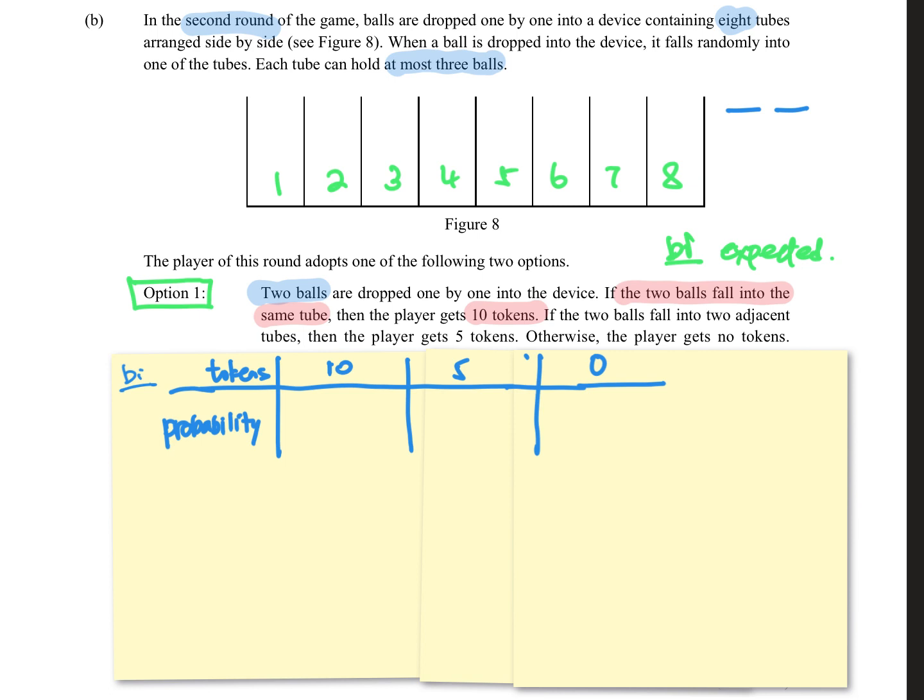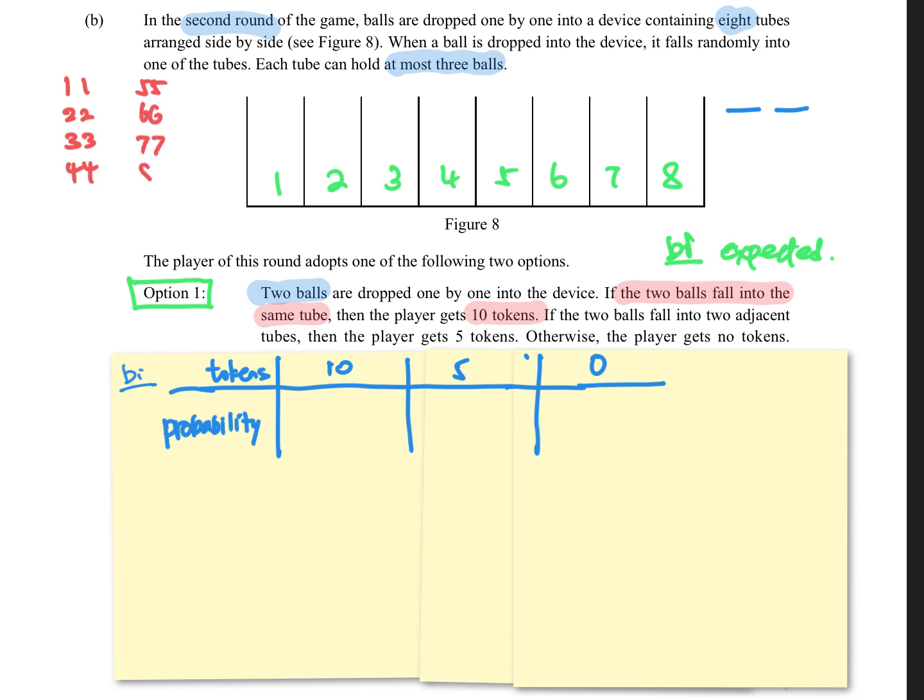So here, the 2 digits, the denominator. The 2 digits can be repeated, because the 2 balls can fall into the same tube. So for the first case, we can have 11, 22, 33, 44.